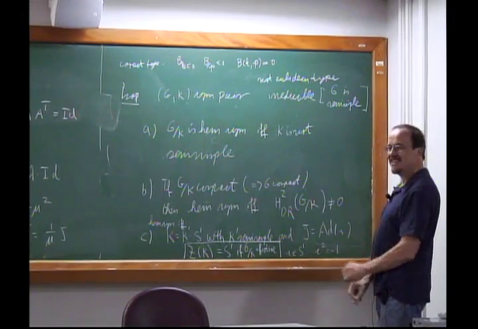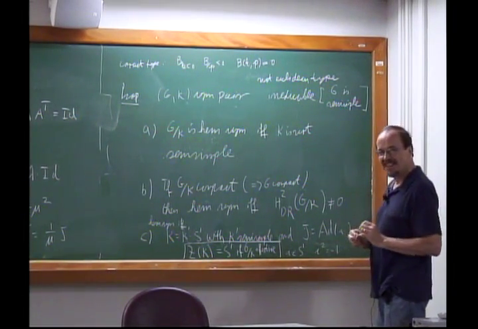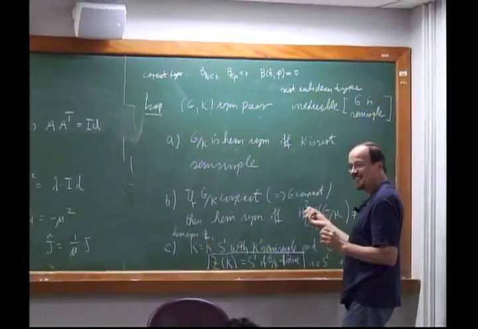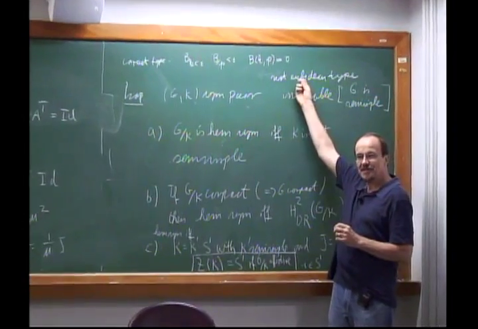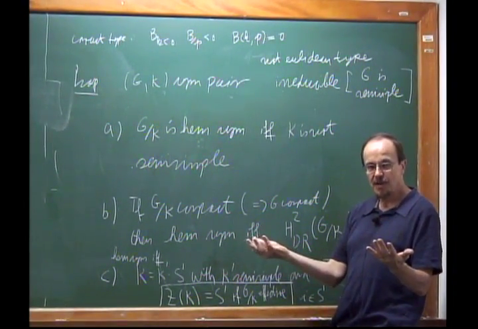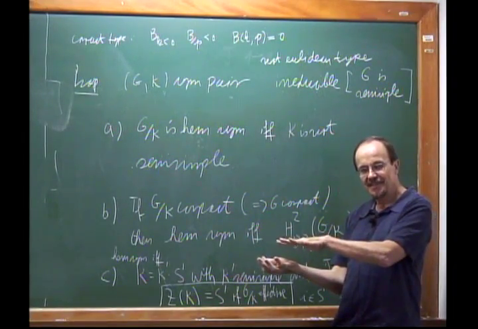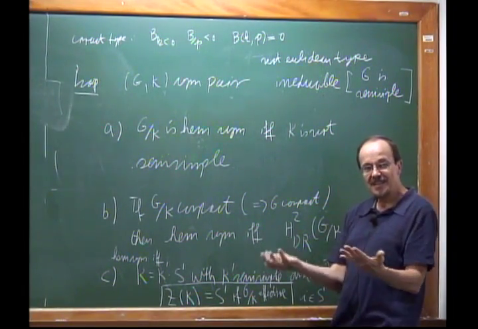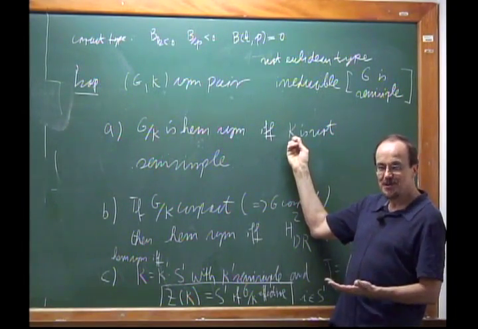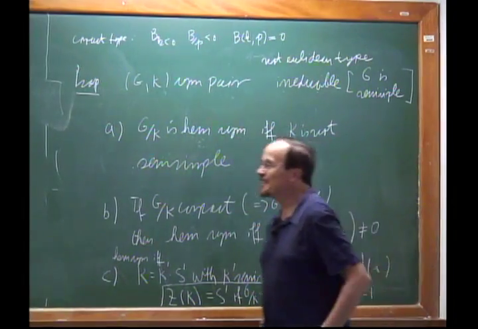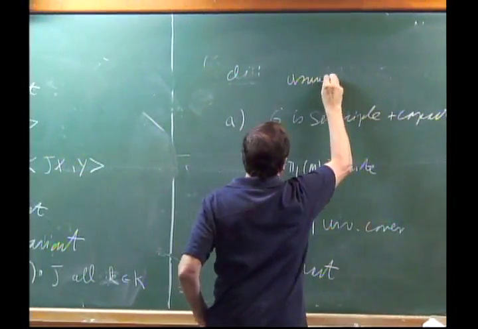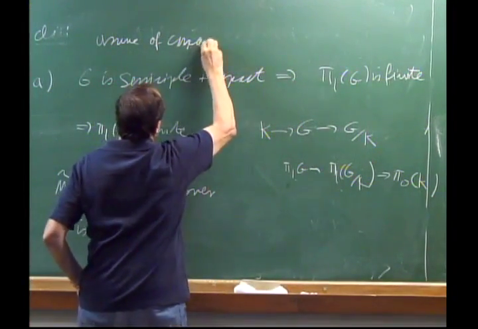So, initial step, reduce it to that case. Because, by duality, you see it's irreducible. It's either non-compact or compact. K is always compact, but G may not be. If it's non-compact, take the dual. That is compact, and they have the same K. This is a statement about K here. So I might as well assume it's of compact type by duality.